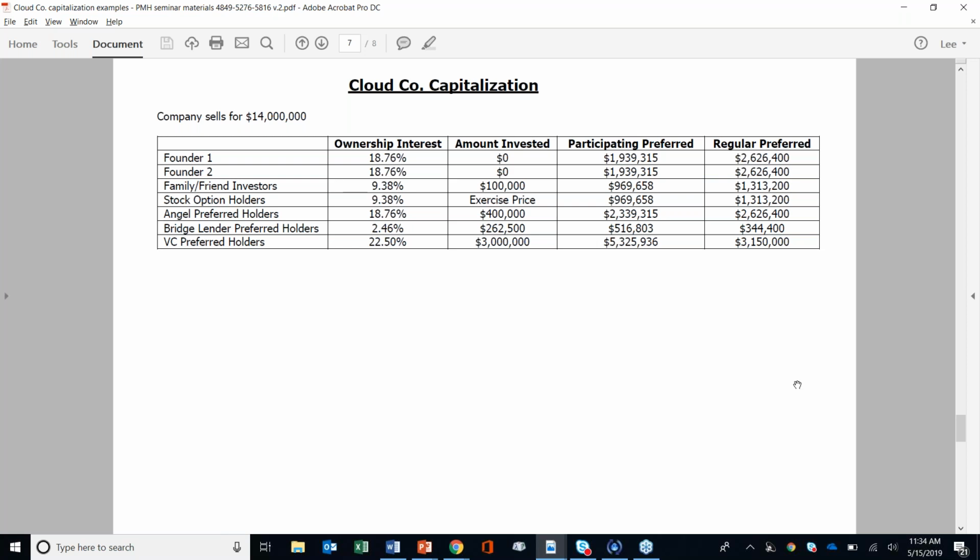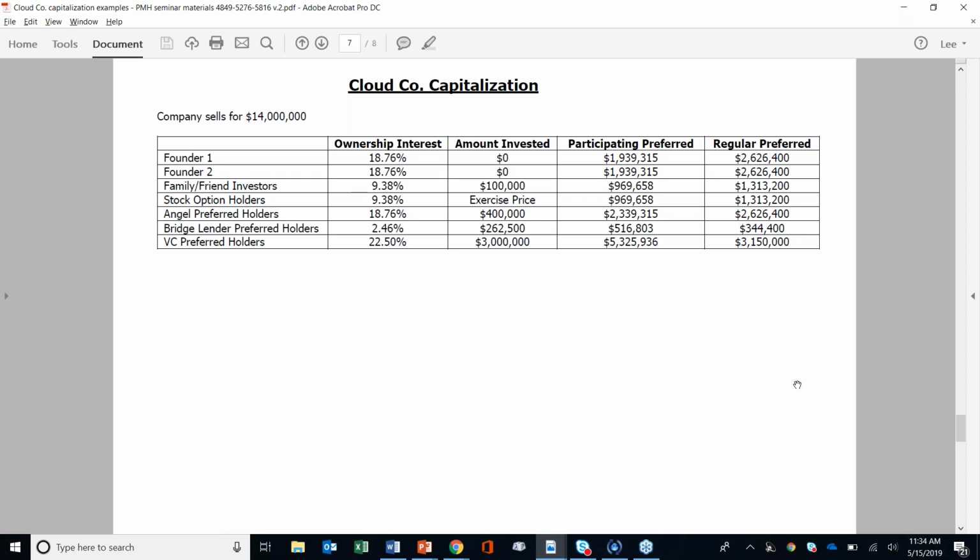So look at that participating preferred column. Look at the VC preferred holders. Regular preferred, they get $3.15 million. As a participating preferred, they get $5.325 million. The basic math on that is you take the $3 million, the bridge lenders' $262,500, and the $400,000, and that's $3.625 million.